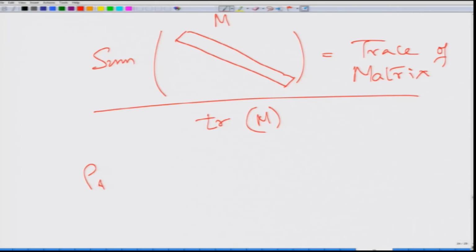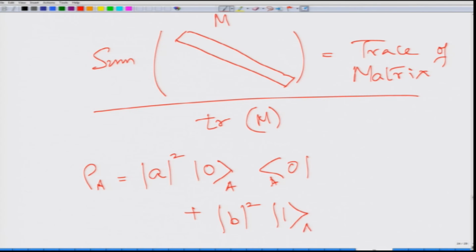So rho A is then given by A mod squared of A. This is everything to do with A. Similarly you can have the B. Every time the index changes, you will get a similar one.